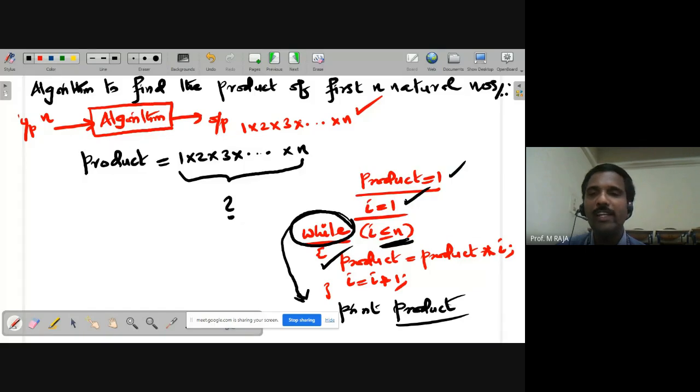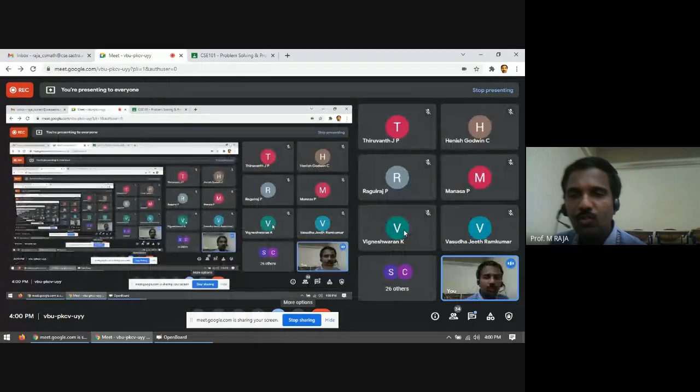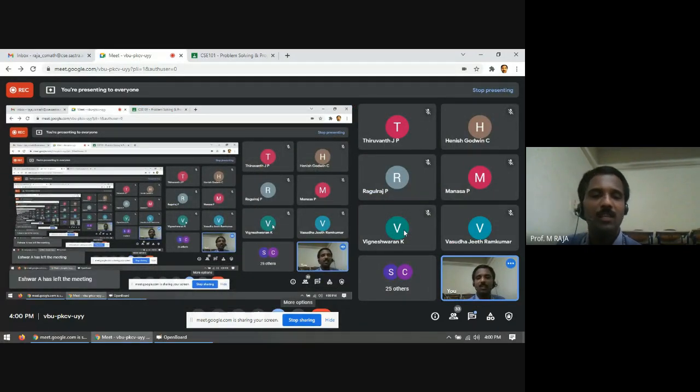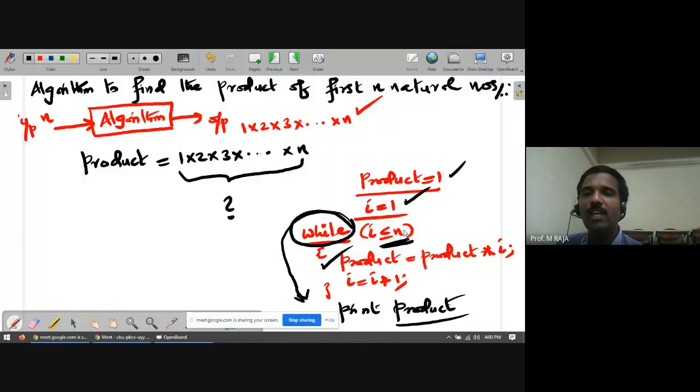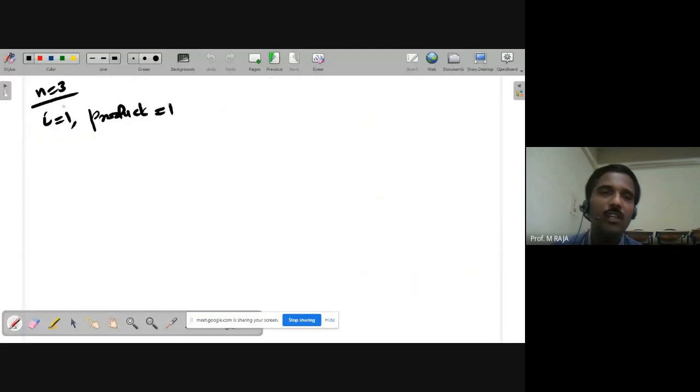Product is equal to product into I and I is equal to I plus 1. These two statements are executed iteratively until I less than or equal to n remains true. Stated otherwise, when I less than or equal to n becomes false, control comes out of while and it prints the variable product.